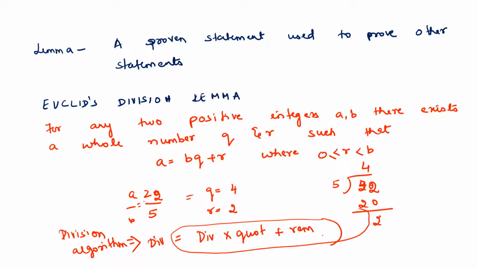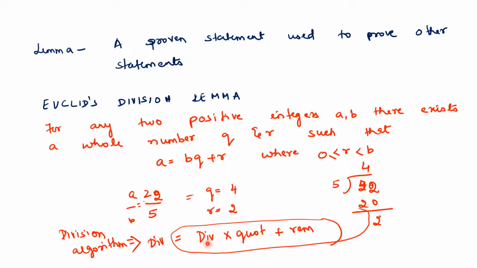For verifying the division, you have already used this division algorithm. It's not new. It's the same thing we have learned in earlier classes. The new form of this is now named Euclid's division lemma. So we use this algorithm to write the proven statements in order to find the HCF.